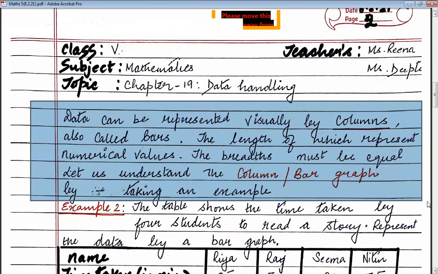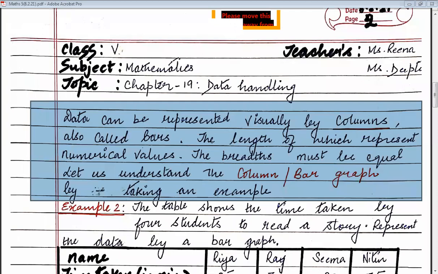The length of the bars represents numerical values and the breadth of all the bars should be equal, and this we call a bar graph. Okay, so now let's see how to do our bar graph. You are going to make columns and the width of the columns should be the same. So now let's clear this up by taking an example.